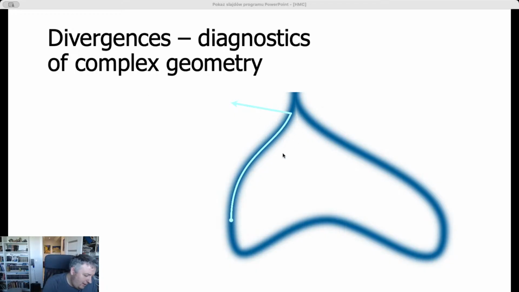And this actually is not a bad thing. It's a good thing, because it provides us with certain diagnostic possibilities for finding the problem in our curvature.